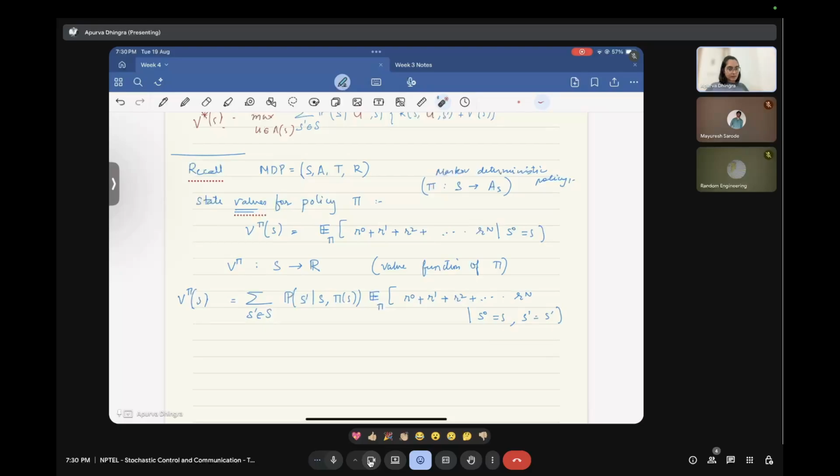Fine. This is a valid step. I'm taking this expectation, bringing in one more conditional, and because I've brought in one more conditional, I'm just summing over the probability of those. Then this S dash should be from the same set, right? Like the same sample space. Otherwise you can't do it. Let's assume it is.